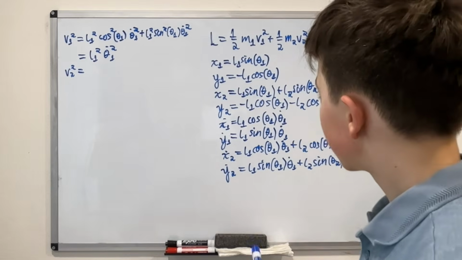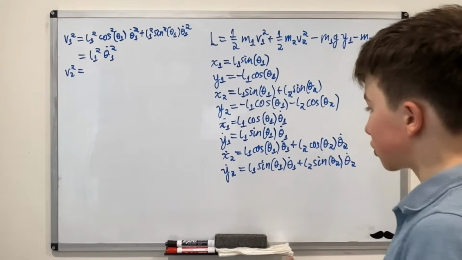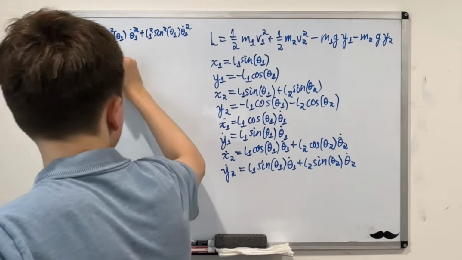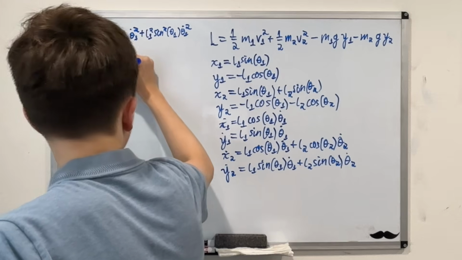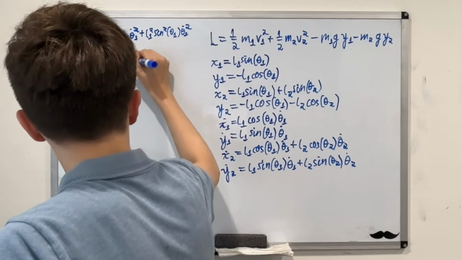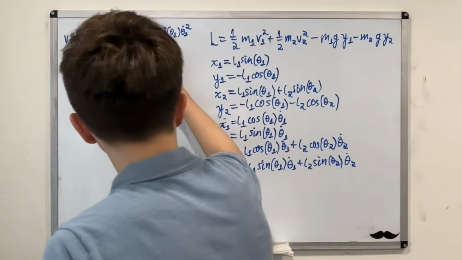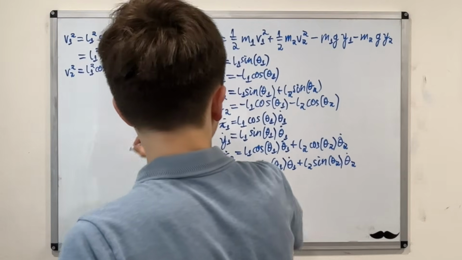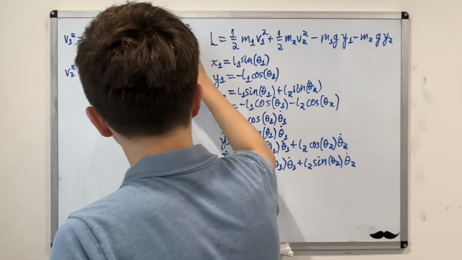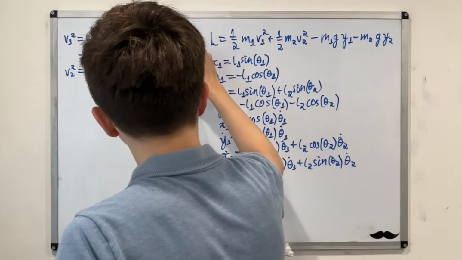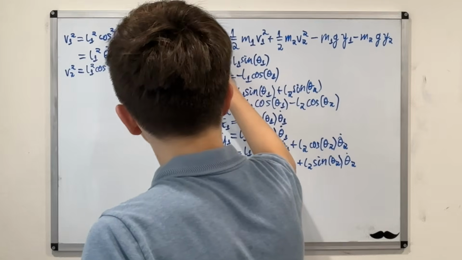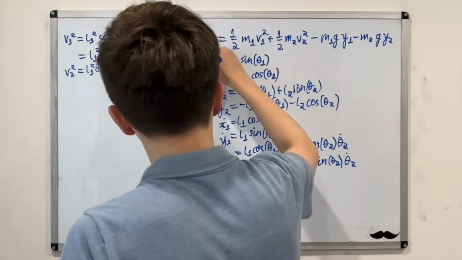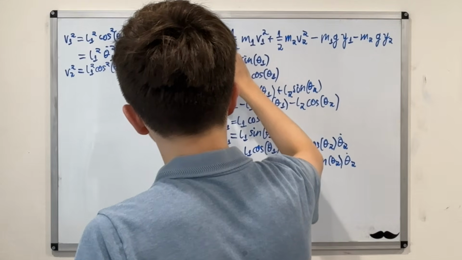So first we have x2 dot squared. So we'll have to square this binomial. So we'll have L1 squared cosine squared theta 1 dot squared plus 2 times L1 times L2 times cosine theta 1 cosine theta 2 times theta 1 dot times theta 2 dot.